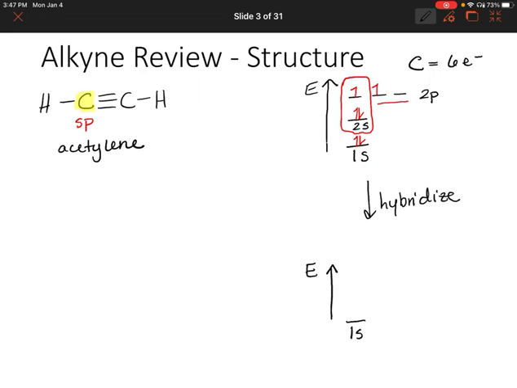But once we combine the s and p orbitals up above, that's going to give us new orbitals, new hybrid orbitals called sp orbitals. And again, we have our leftover 2p orbitals above that.